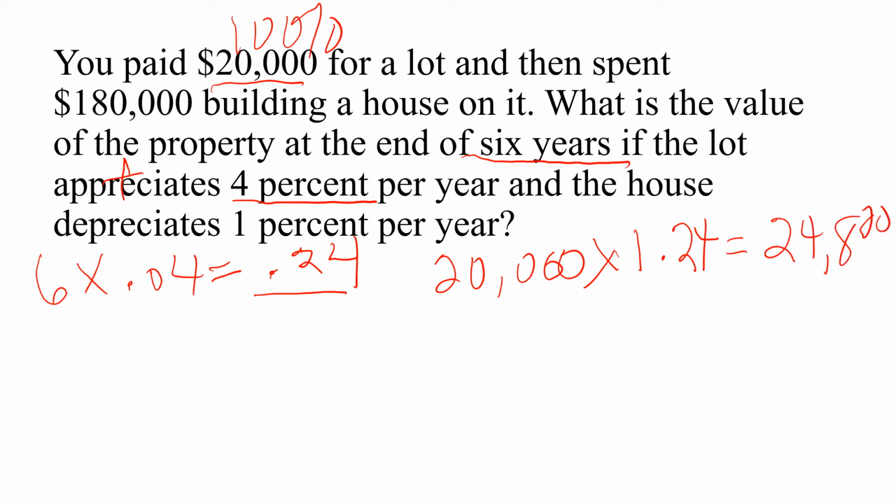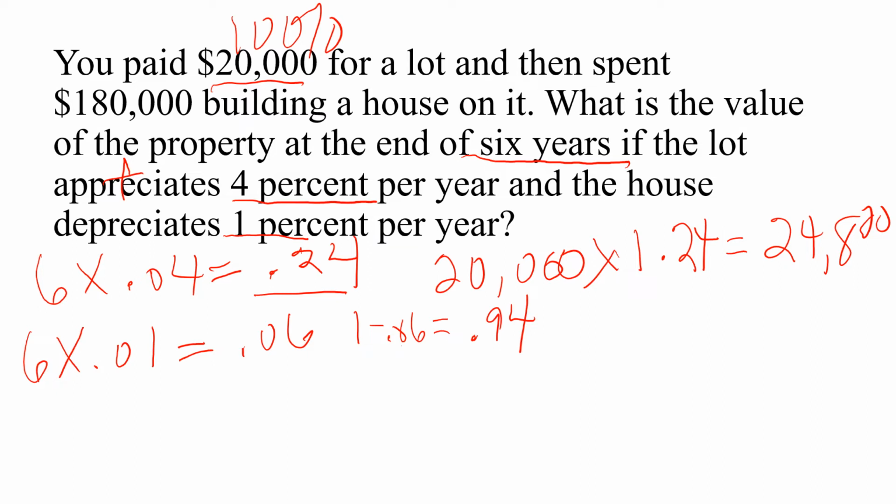And then we say our building depreciates 1% per year. So we have 6 years times 0.01 equals 0.06. 1 minus 0.06 equals 0.94. Because remember, we're taking away from 100%. So 100% minus 0.06 is 0.94.